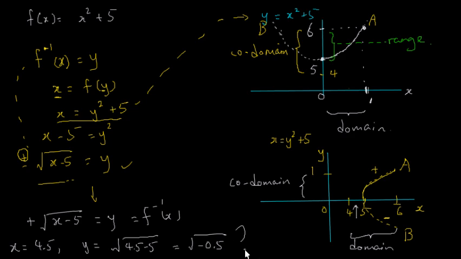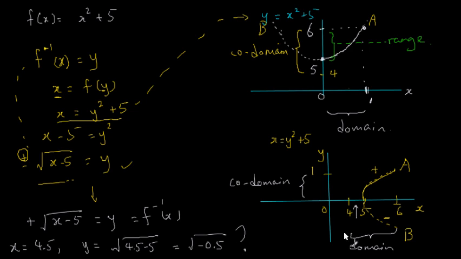A square root of a negative number. Okay, we have not learned it yet. We'll learn it later on under complex numbers, and we'll learn that this is an imaginary number. But for now, since we are purely dealing with real numbers, since only real numbers are allowed in my domain and codomain, these values, square root of minus numbers, are not allowed.